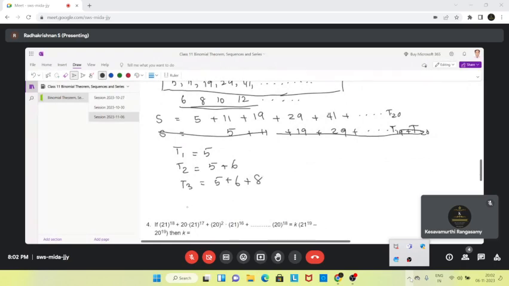And T4 equal to 5 plus 6 plus 8 plus 10. So you see it goes like that. Because the differences are increasing, it becomes 5 plus 6, 5 plus 6 plus 8, 5 plus 6 plus 8 plus 10, and so on.